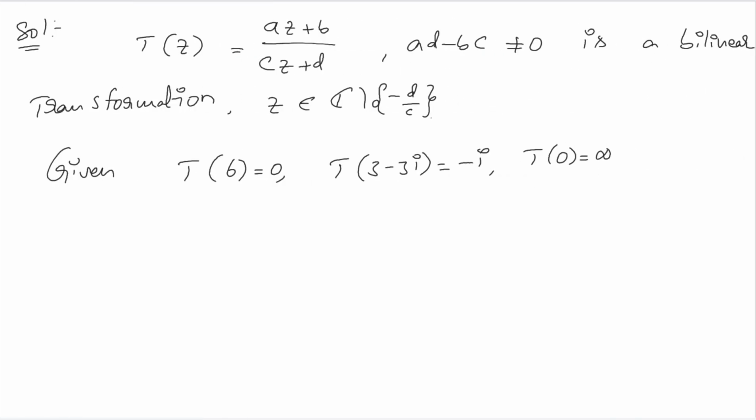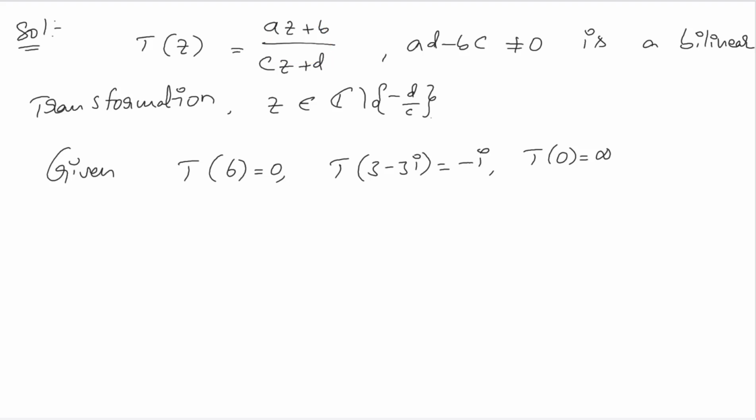By just looking at these three conditions, we could observe two things. It is given T of 0 is infinity, that means 0 is a pole of this bilinear transformation. And the first condition, T of 6 is equal to 0, that means 6 is a root of this bilinear transformation.